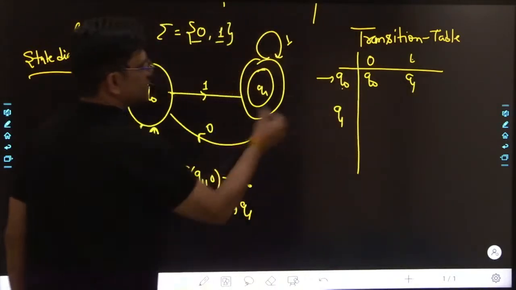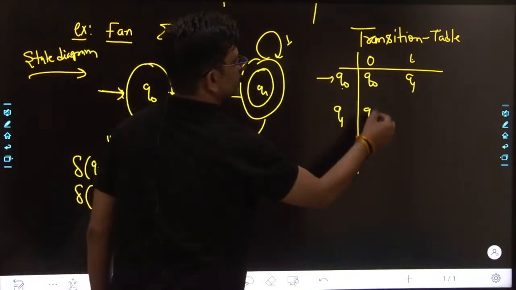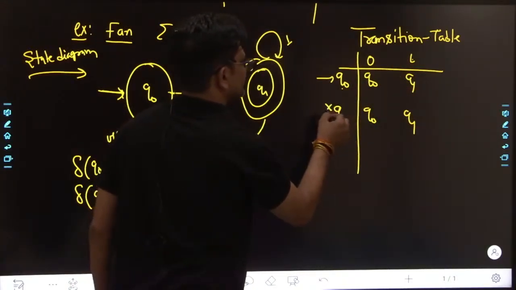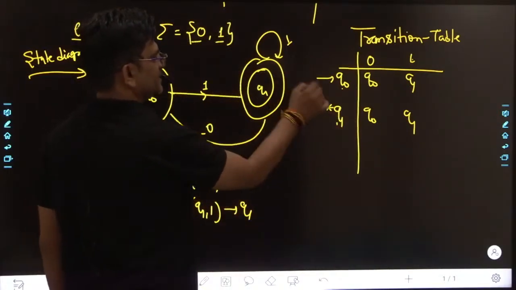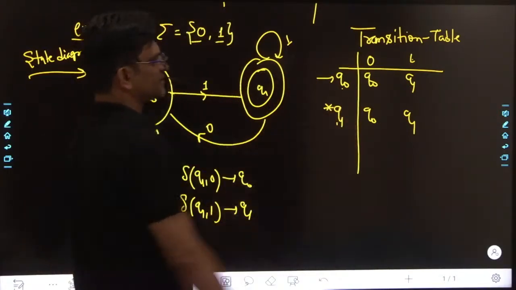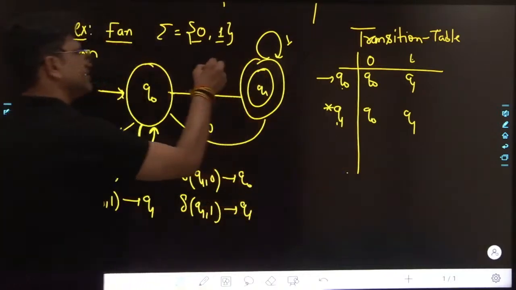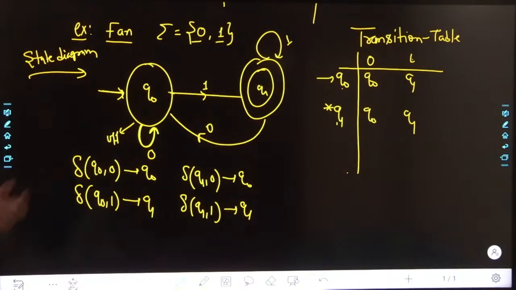Q1 on 0 goes to Q0. Q1 on 1 goes to Q1. And this is the final state, so either we mark it with a star or with a circle. So this is the transition table representation of this state diagram. Both are the same, either we represent with a state diagram or with a transition table.